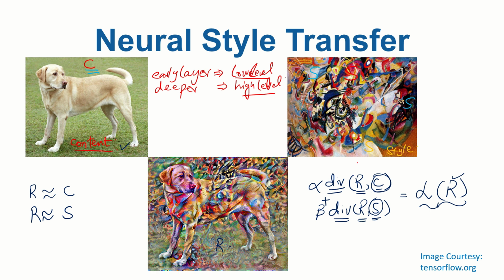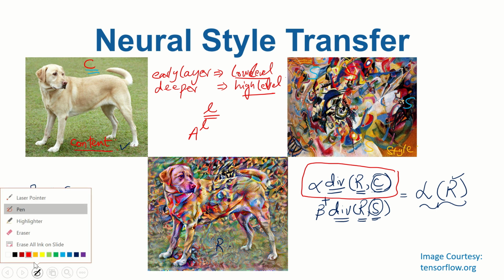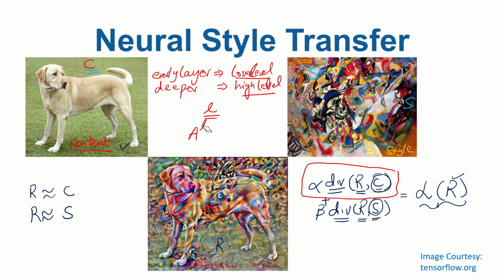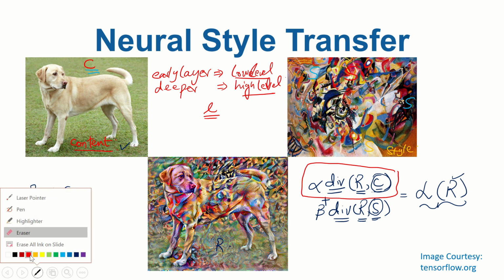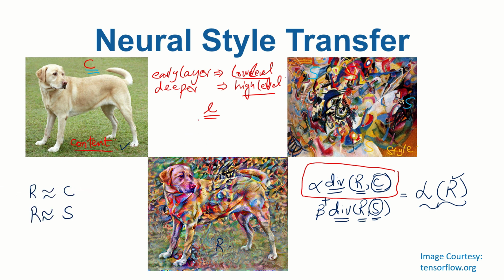Let me focus on the content cost. Pick some layer L as the content layer, and choose its activations. Let me call these activations CL, the activations on C. So let's say we have decided on layer L for content.